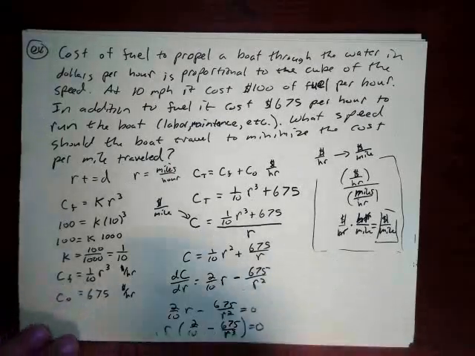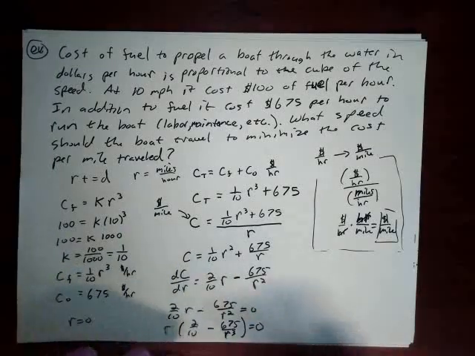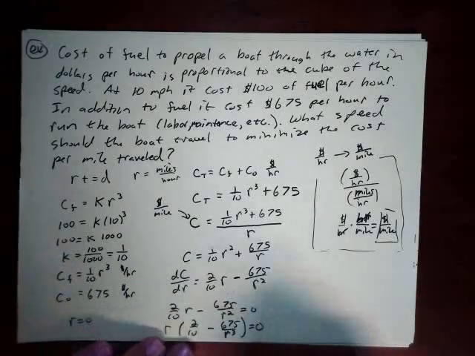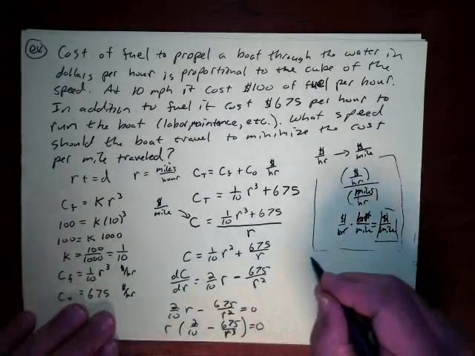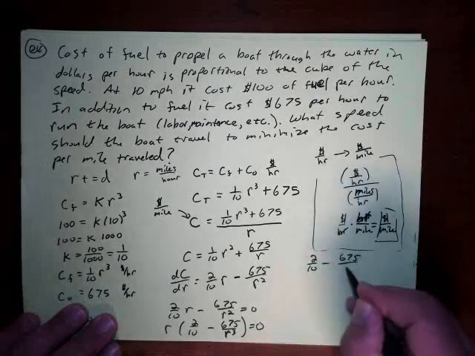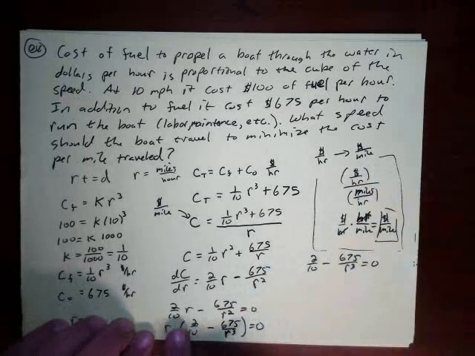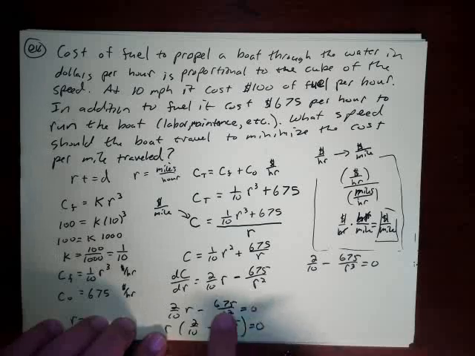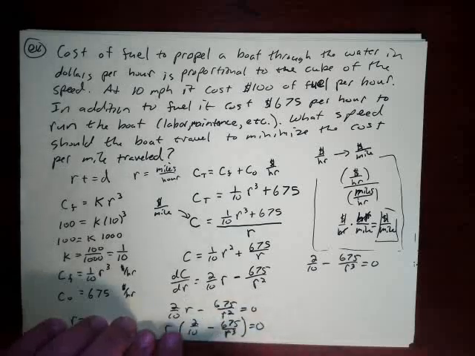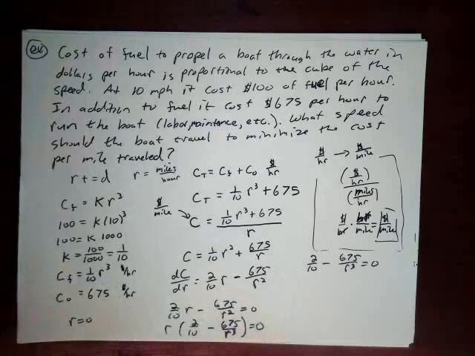So you get R is equal to 0, so that would minimize the cost if the boat's not moving, I guess. Or you could have 2/10 minus 675 over R cubed equals 0. And by the way, that's a little confusing, but if you redistribute it, you see that the R would cancel out the one on the bottom, leaving you with that. So that's what I do. When I factor out, I always redistribute to make sure I get what I started with.